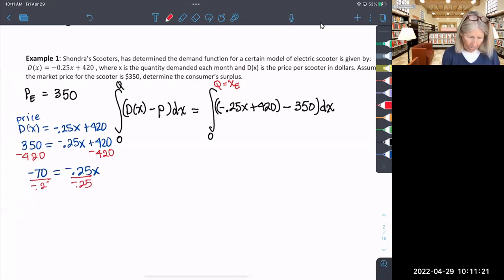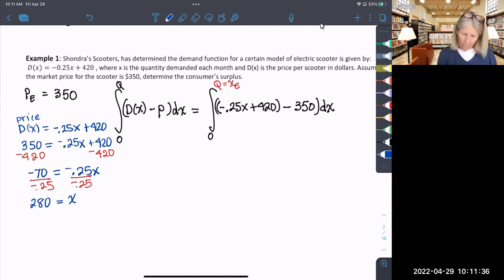Again, use your calculator here. And so you find out that the X, or the quantity at equilibrium, is 280. So actually my equilibrium point is 280, 350. Now I can use this 280 and put it here for my quantity. Now I'm ready to go.